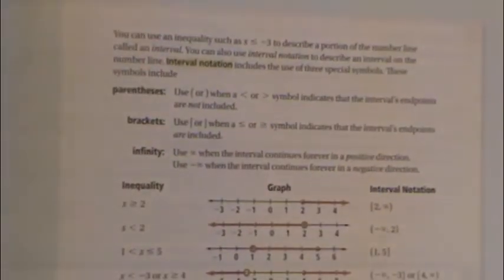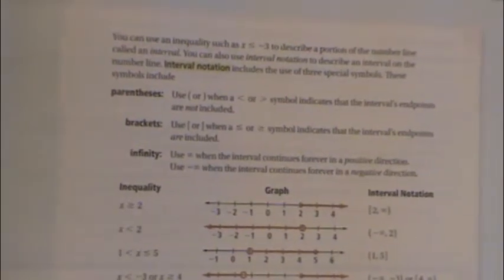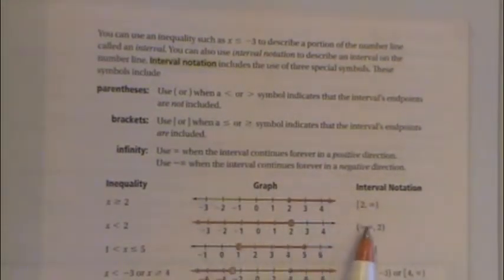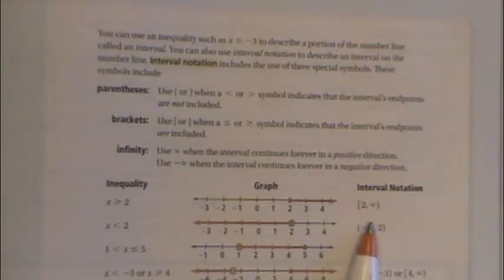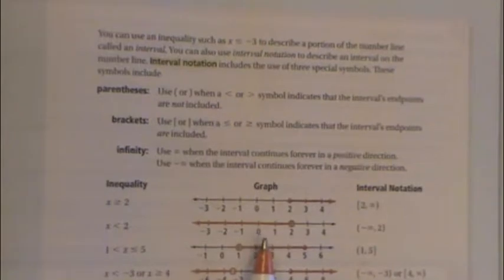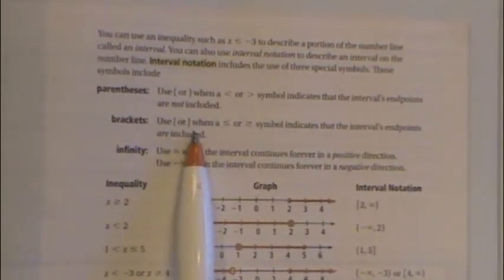So I'm going to be frank with this last page, page 203. I don't like it. We're going to go through it because it's here in the book, but don't get too worked up if it makes no sense to you. They're showing you another notation, and it's called interval notation. And basically, you're going to use either parentheses or brackets.